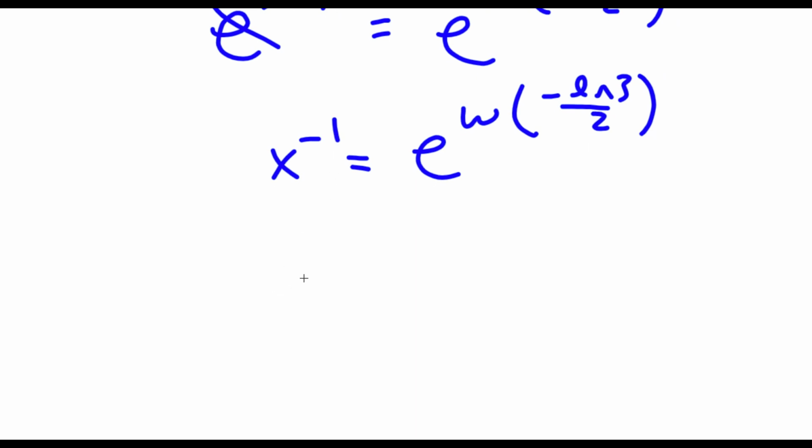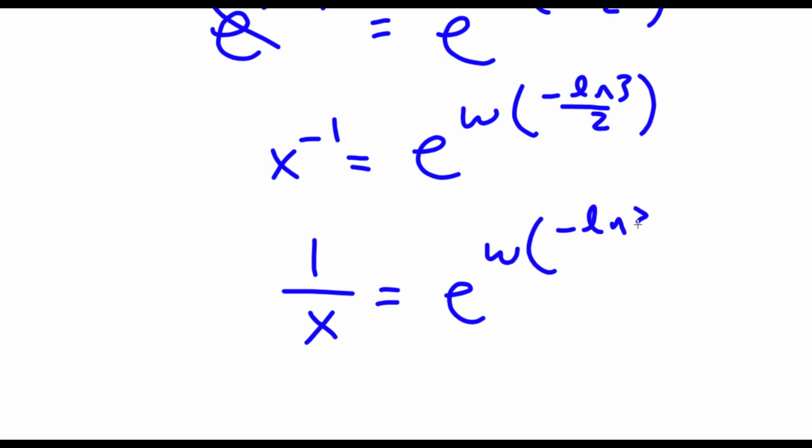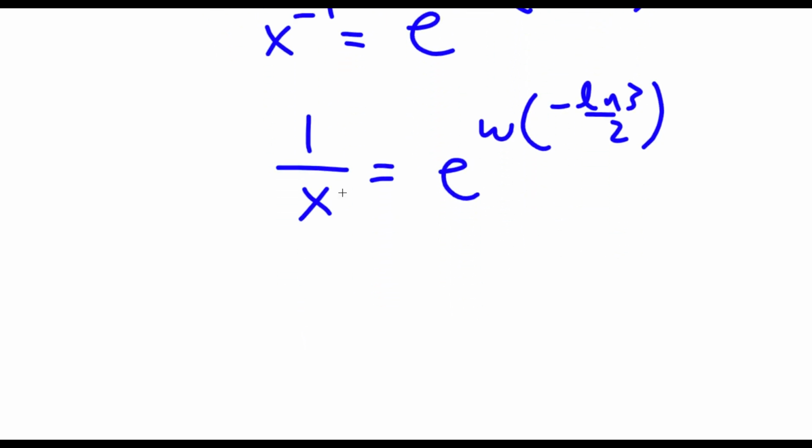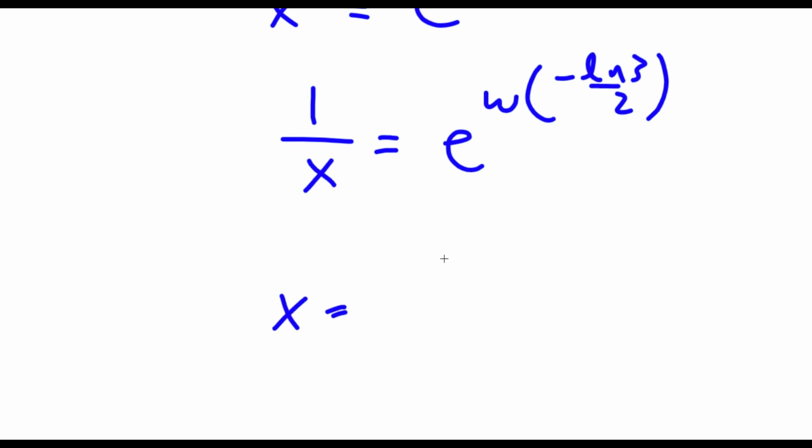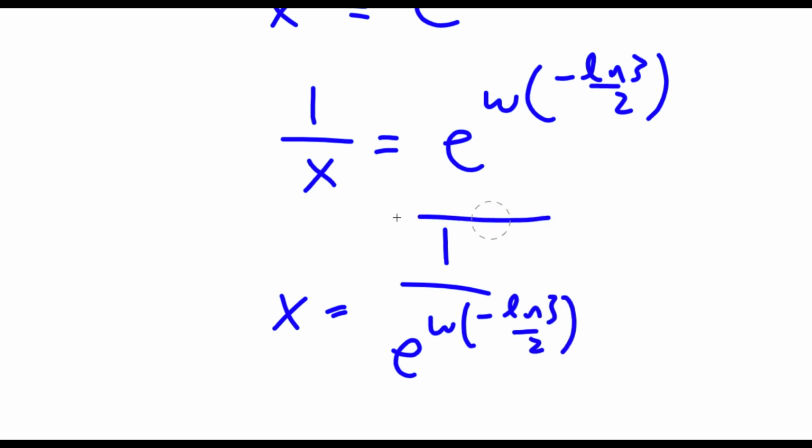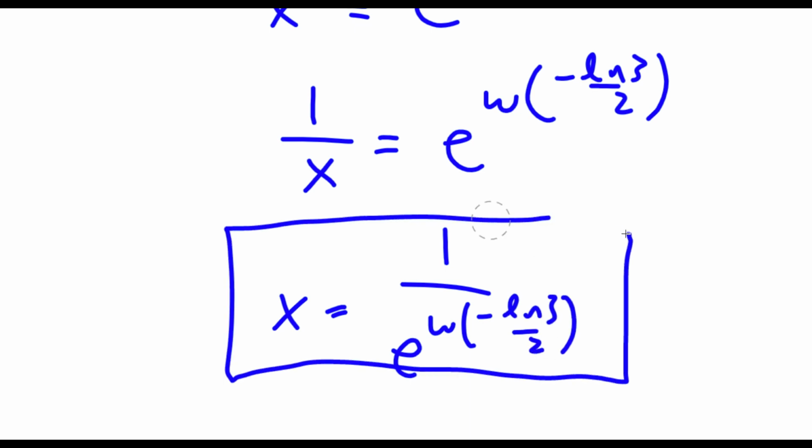Now x to the power of negative 1 is the same thing as 1 over x. So I have 1 over x is equal to e to the power of W of negative ln 3 over 2. And now these two can simply switch. So now I have x is equal to 1 over e to the power of W of negative ln 3 over 2. So this is our answer.